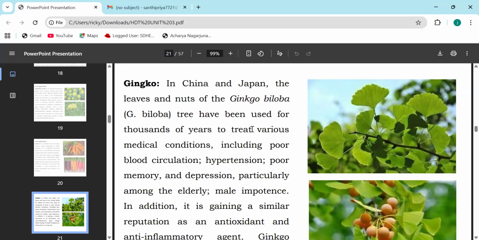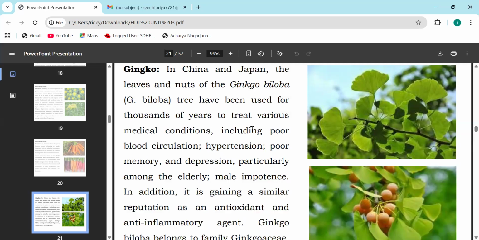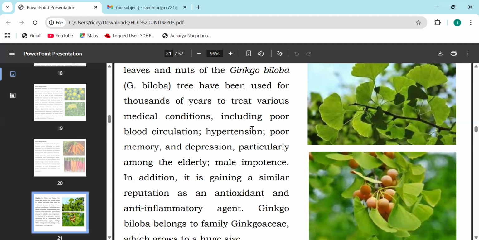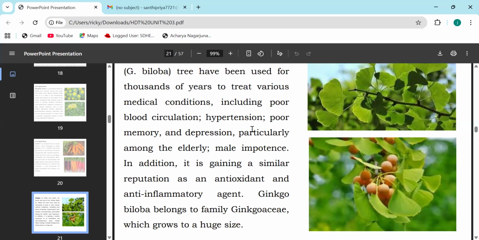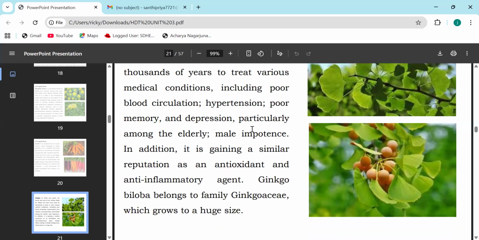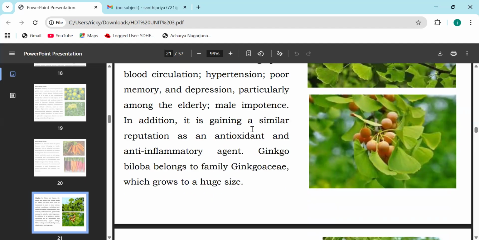What are those conditions? Poor blood circulation, hypertension, poor memory and depression, particularly among the elderly, and male impotence. In addition, it is gaining a similar reputation as an antioxidant and anti-inflammatory agent. Ginkgo biloba belongs to the family Ginkgoaceae, which grows to a huge size.